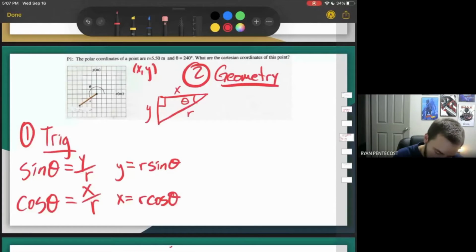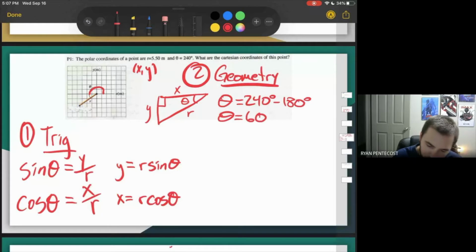Now, to find that theta, this is going to be different, because that theta is obviously not 240 degrees. That is 240 degrees minus this section over here, which appears to be 180 degrees. So theta will be 60 degrees. Okay.